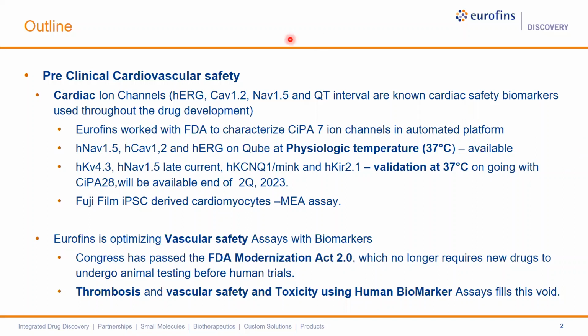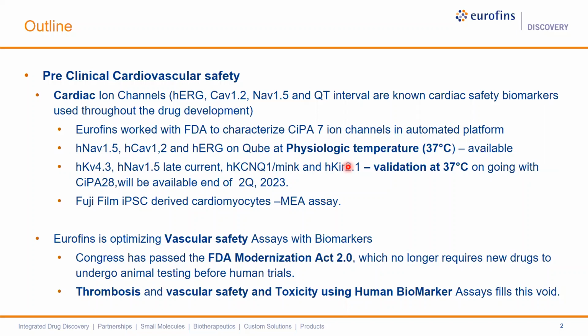So we can see why FDA is recommending to record the activity of the CiPA 7: NaV1.5, CaV1.2, hERG, Kv4.3, late sodium current, KvLQT1, and Kir2.1 at physiologic temperature.